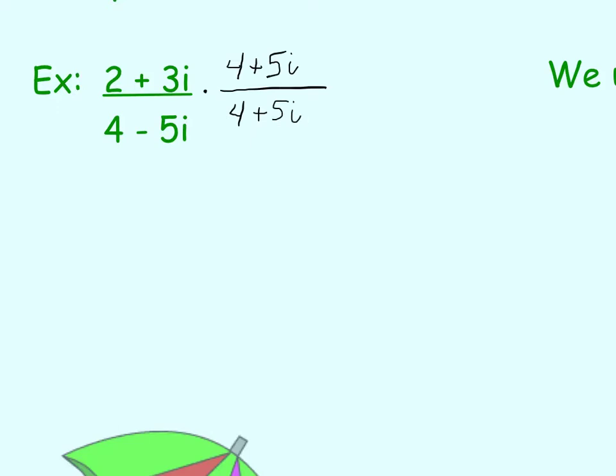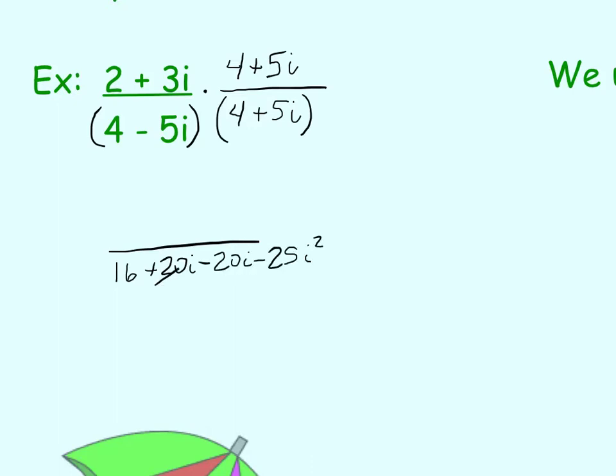Now, let's multiply the bottom out first. So we have 4 minus 5i times 4 plus 5i, and that is going to give us 16 plus 20i, minus 20i, minus 25i squared. Well, my 20i and my negative 20i go bye-bye. They cancel each other out.